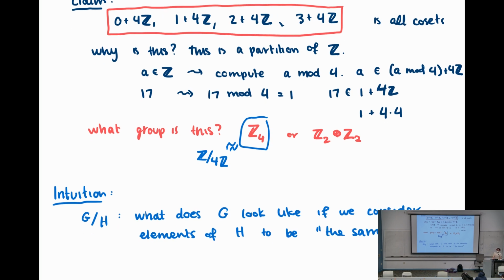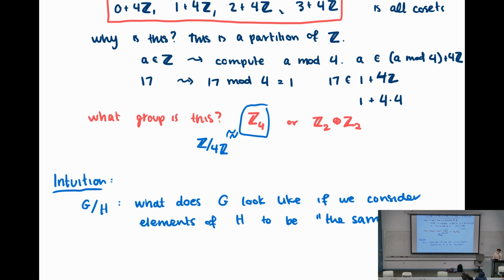And what I mean by this is, think back to when we were talking about equivalence relations and partitions. So the cosets give me a partition of G. And what I'm saying is that everything in one part of the partition is one element of my new group.